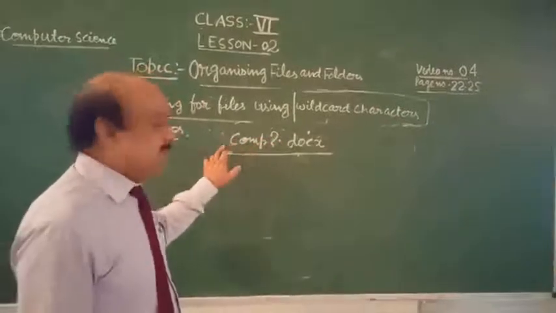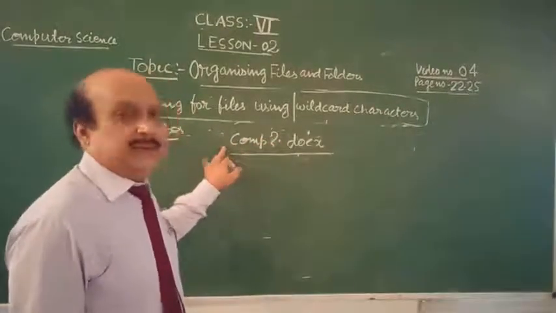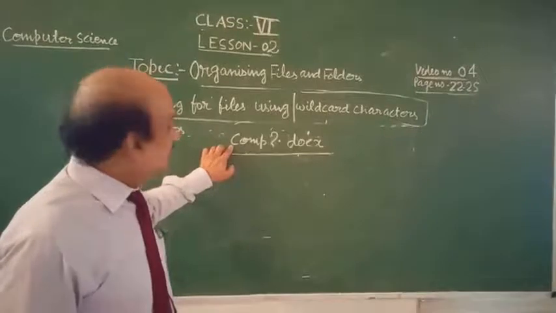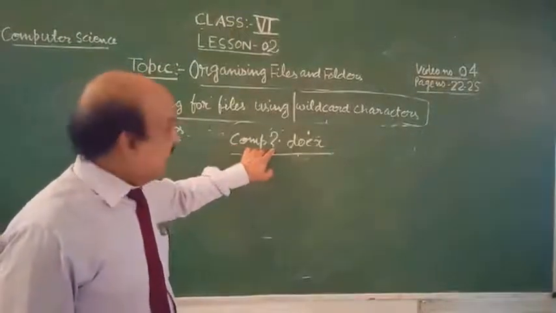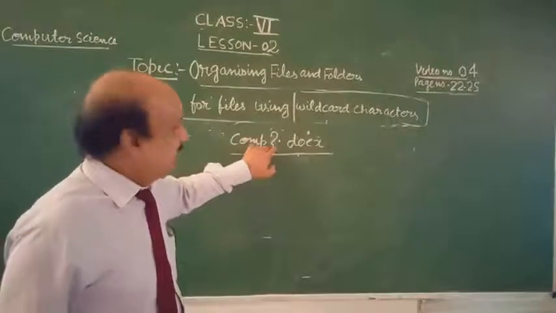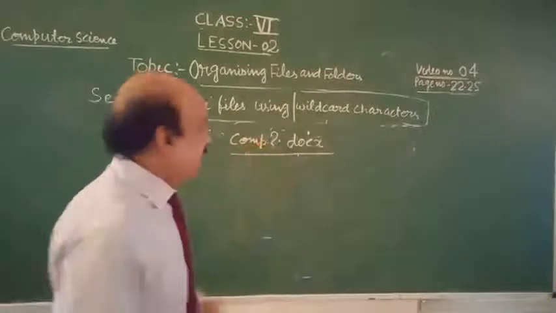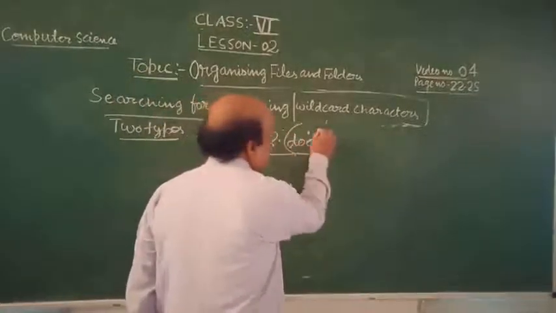So for the file which you have stored in your computer, the primary name is starting with com, and after that one character will be there. That can be any other character, but the extension must be DOCX.